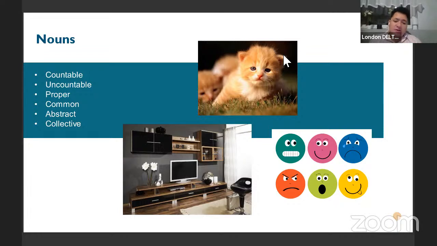I could tell you, for example, understand. What is understand? This is a verb, it's an action, right? But I could have understandable. And what is understandable? This is an adjective.